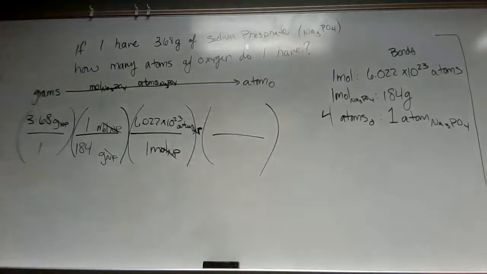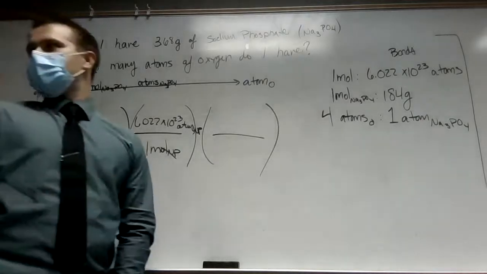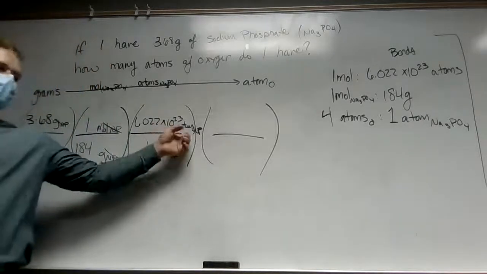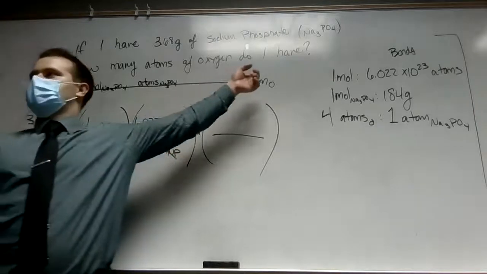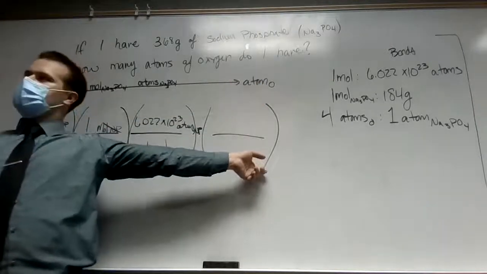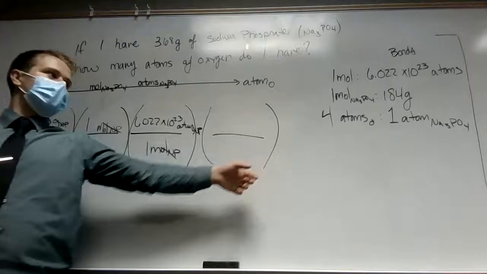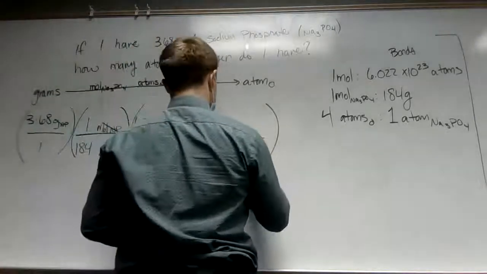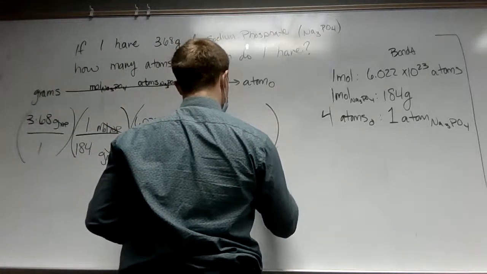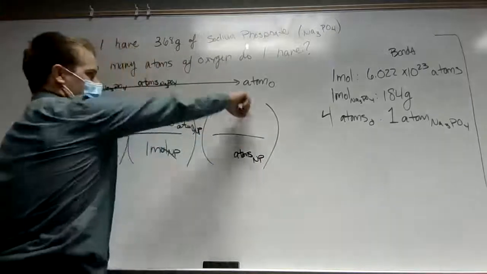So what am I going to put in the fourth? There you go. So we've got atoms of sodium phosphate. We need to get to atoms of oxygen. So what do we need to cancel? Atoms of what? And what do we want to end up with?